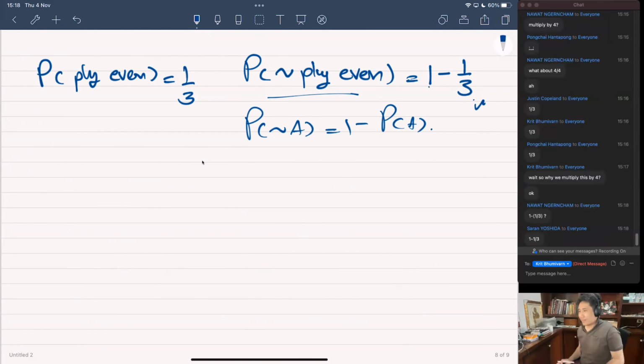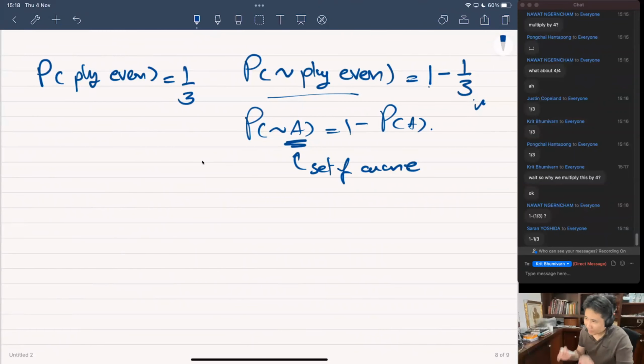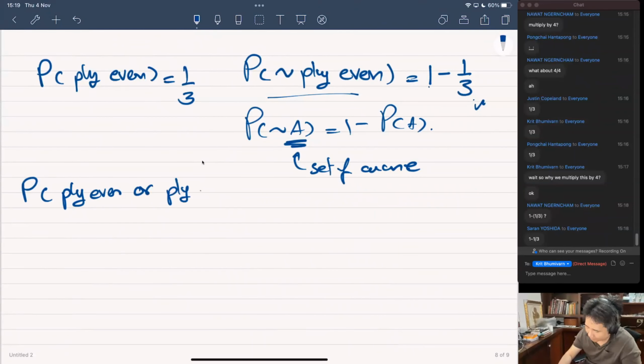That's good. Now, how about this? Remember that I say an event A is a set of outcomes, which means I can do a whole bunch of things with a set, right? For example, I want the probability that we get to play an even number of turns or play more than 10 turns.